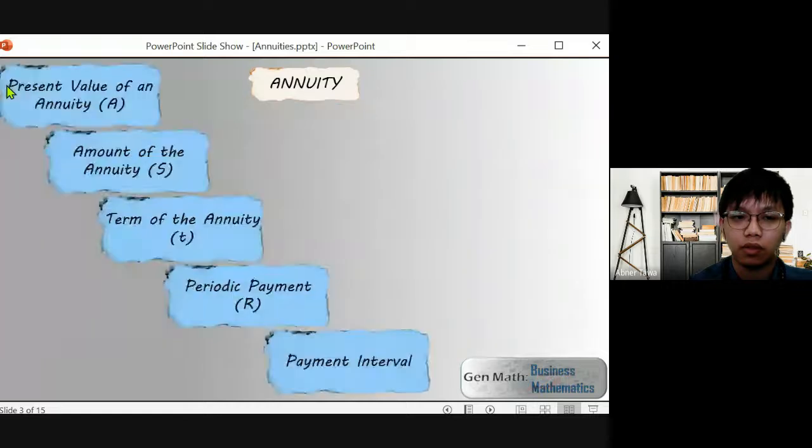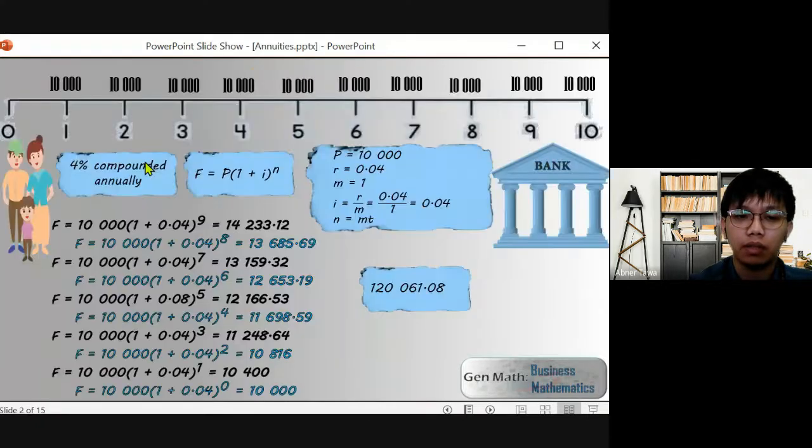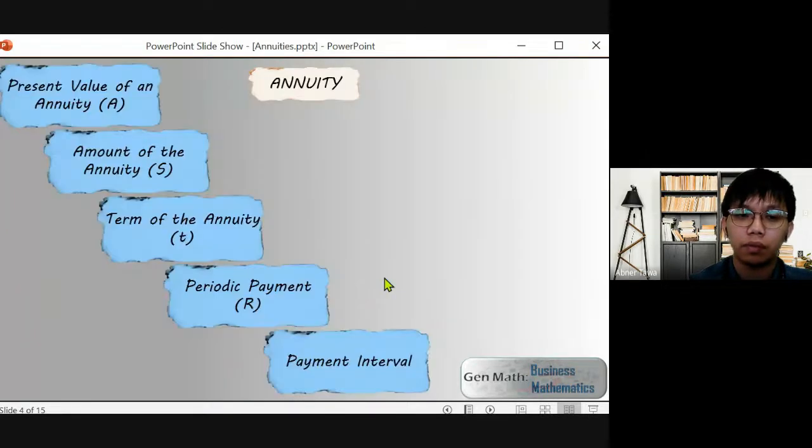Ayan naman yung amount of the annuity, that is the total future values of each payment. Kaya dito sa problem natin, ang future amount of annuity is, we have here 120,061.08 pesos. Yun yung total future values. And then the term of annuity, oh, by the way, capital letter S is the letter we're going to use for the symbol of amount of the annuity.